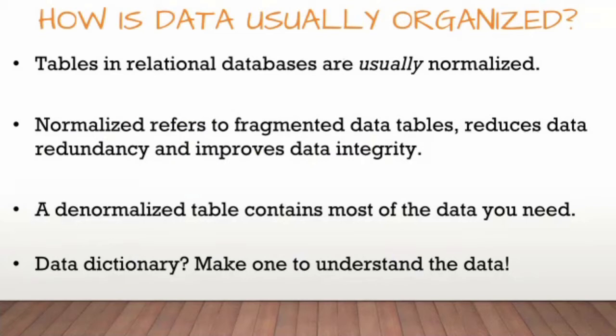That means your data is saved in one place, usually as much as possible. Normalization refers to fragmented data tables. It reduces data redundancy and improves data integrity. So it means that your data should be accurate and true.